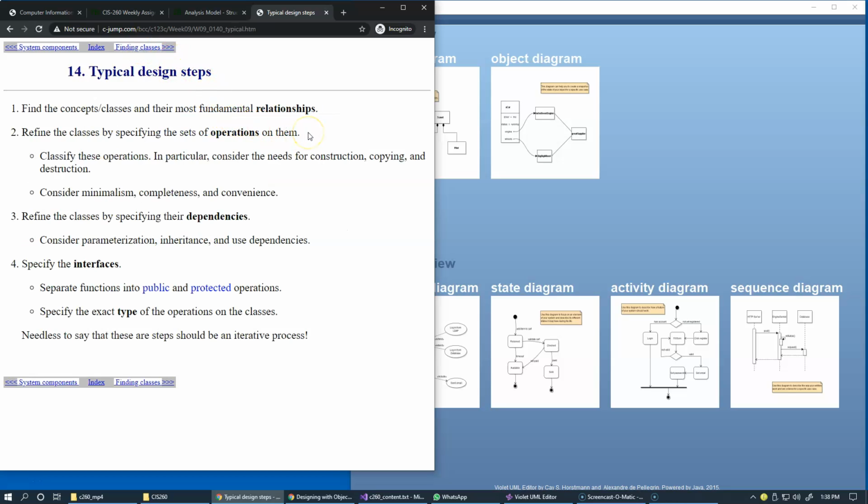So typical design steps are as follows. We start working with the functional specification and begin to discover concepts and classes and observe some fundamental relationships.